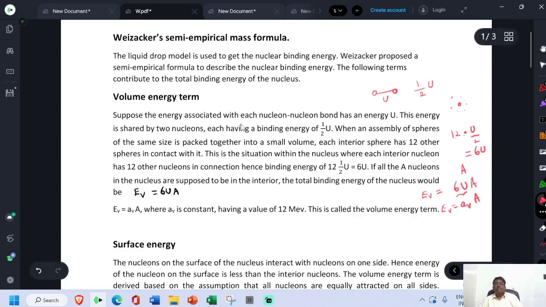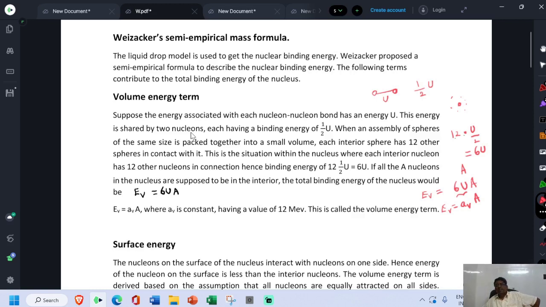Suppose the energy associated with each nucleon-nucleon bond has an energy U. This energy is shared by two nucleons, each having a binding energy of 1 by 2 into U. When an assembly of spheres of the same size is packed together into a small volume, each interior sphere has 12 other spheres in contact with it.